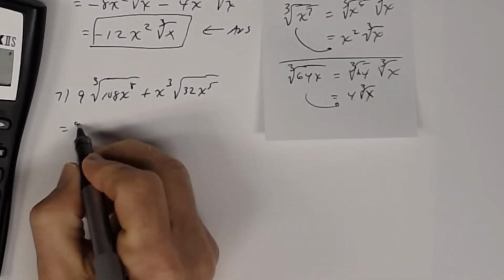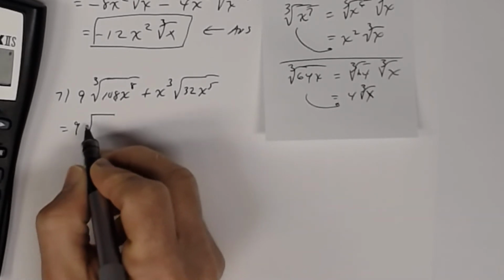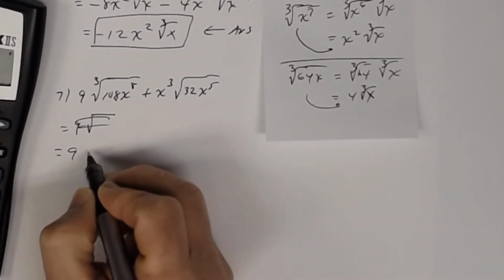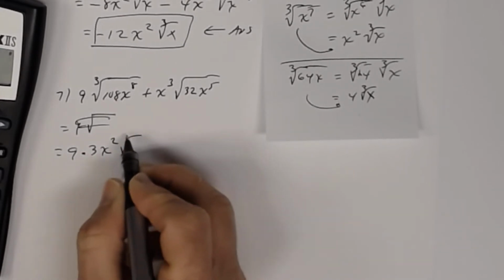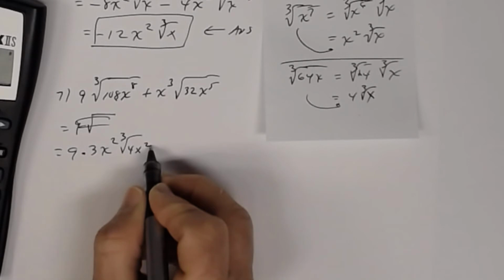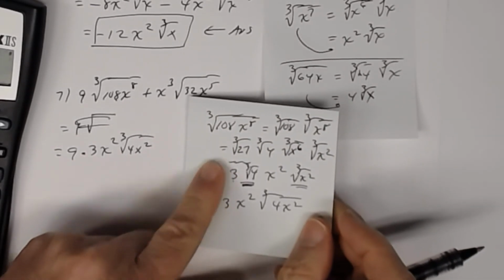So it becomes 9 times 3, x squared, cube root of 4x squared.